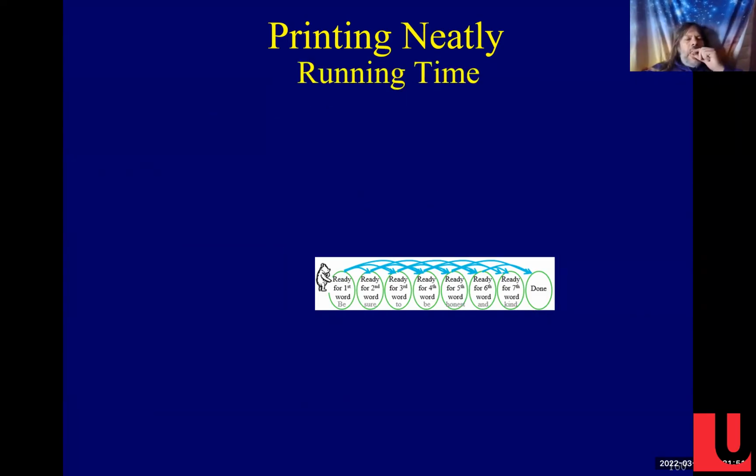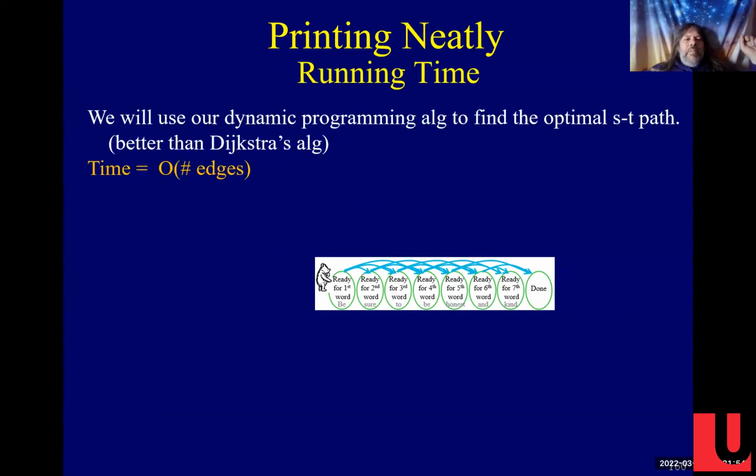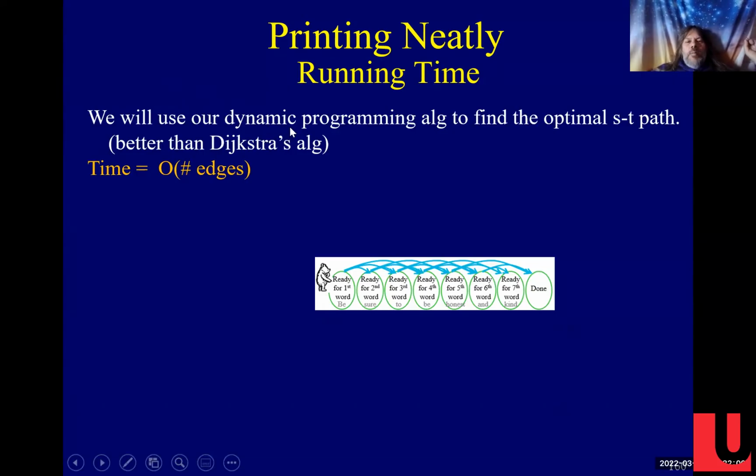And what's the running time of this algorithm? We use Dijkstra's, we use dynamic programming to solve this problem. The running time will be the number of edges, which can be viewed as the number of states in the graph times the degree of each node.